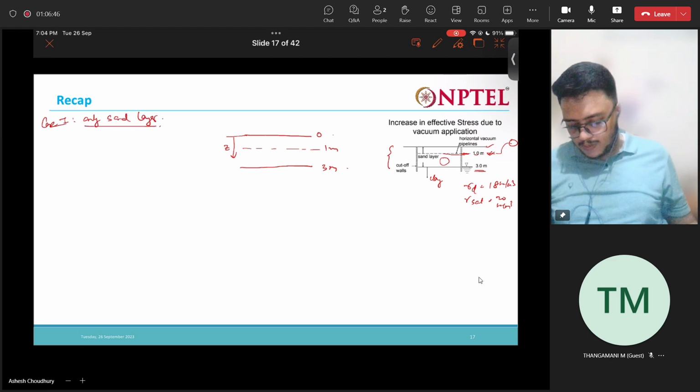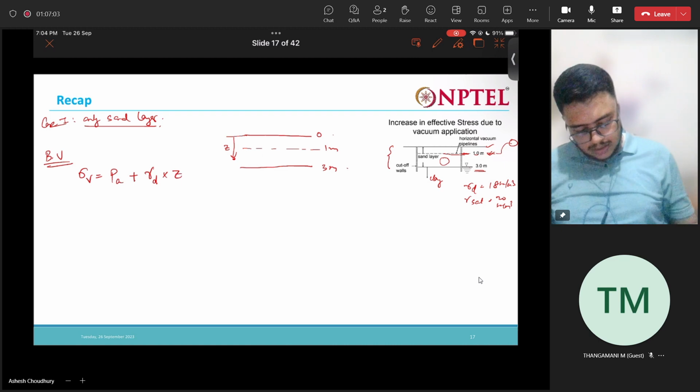Now, before application of vacuum, what is the total stress at any point z? It is P atmospheric plus gamma dry into z. P atmospheric you can write as 100, so 100 plus 18 into z kPa.